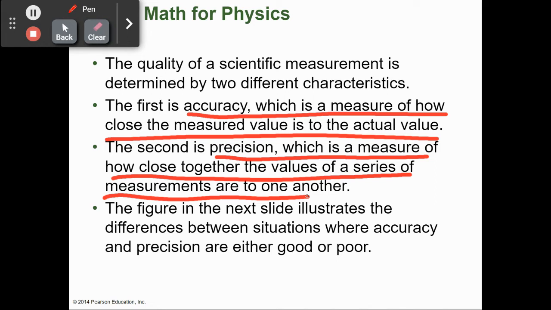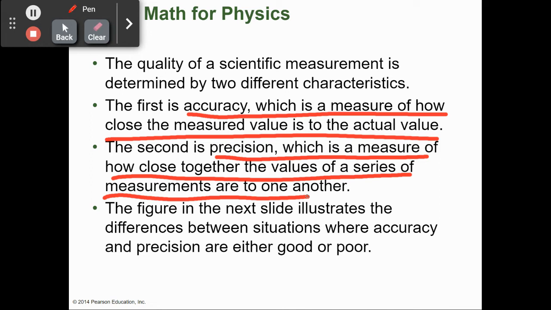So I could measure the length of this table and get 48 inches. And I could get 48 inches every single time I measure it. Does that mean the table is actually 48 inches? No, because I could be reading it wrong. I could not have a very good ruler. Okay?